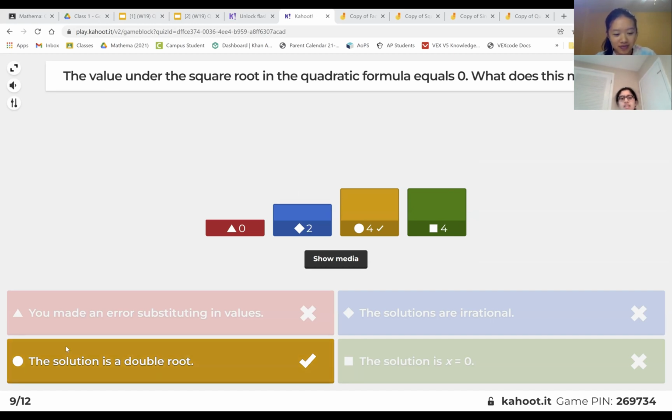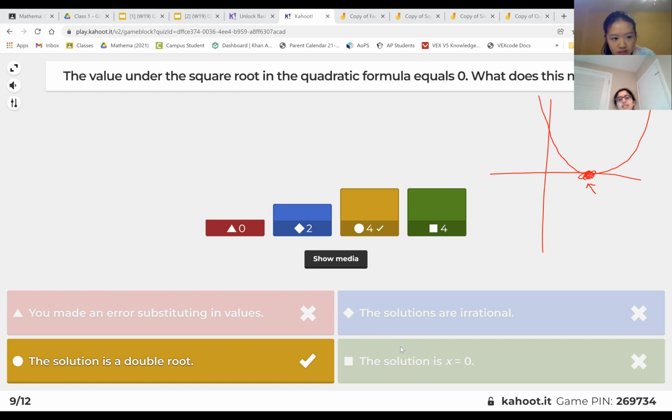Okay. But yeah, if the value under the square root equals 0, that doesn't necessarily mean b is 0, right? And only if b is 0 is the solution x equal to 0. Remember, you can have a parabola with the vertex at a point like 3, 0, right? Or both of its solutions at 3, right? So it's not green, and you definitely aren't wrong, because b squared minus 4ac can equal 0.